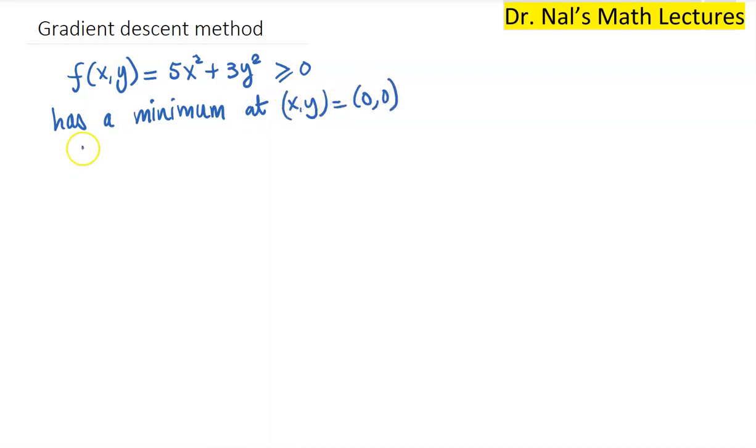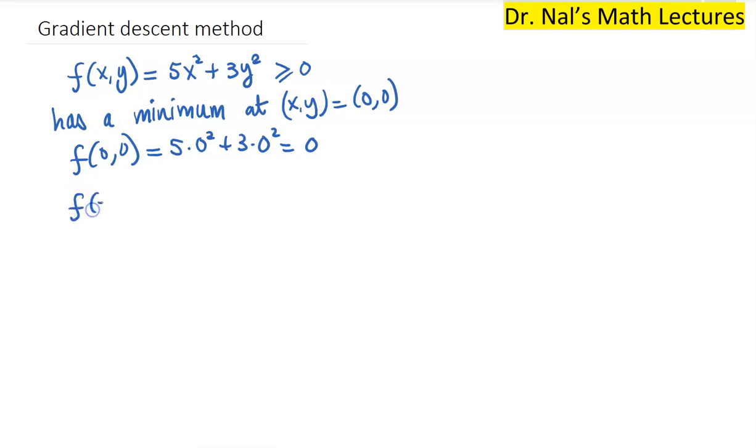When you plug in these values, the minimum value will be 5 times 0 squared plus 3 times 0 squared. That's equal to 0. Any other value for x and y that you put will be greater than 0.